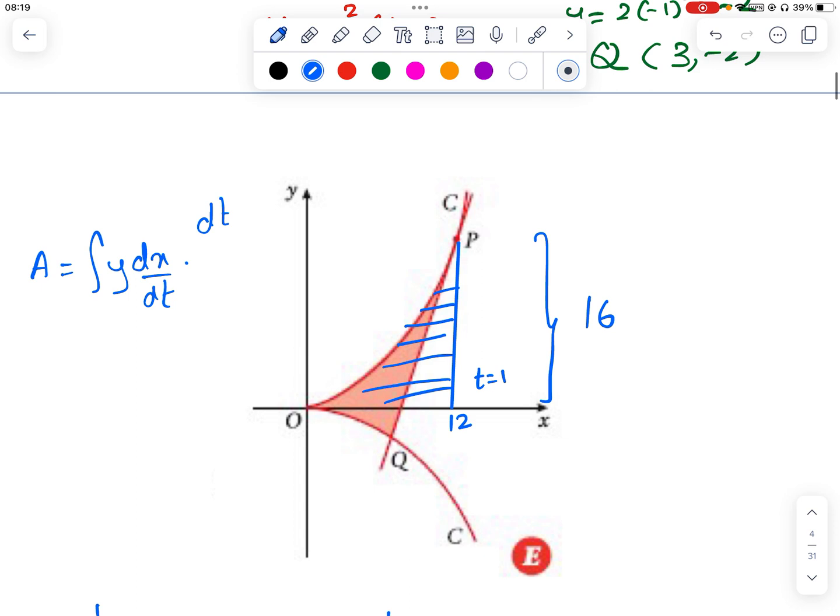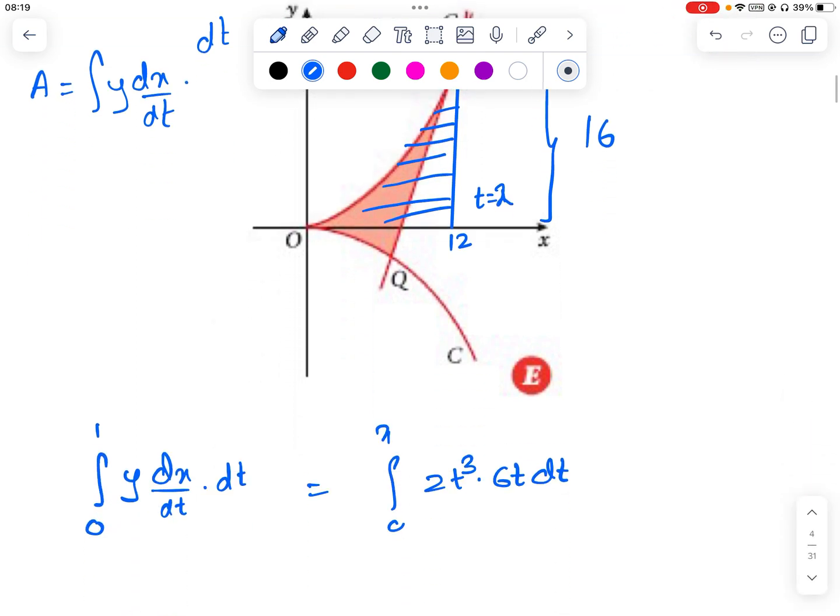It is 0 to 2, not t equals 1. It was 0 to t equals 2, because t was 2 and we got the value of x as 12 and y as 16. So 0 to 2.